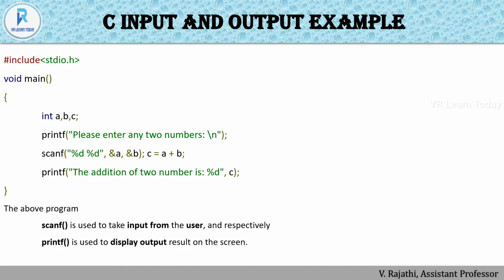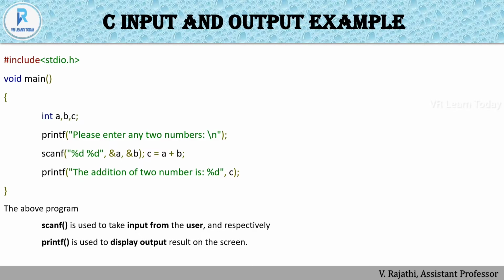Then c equal to a plus b is called processing data. Finally we print the output: printf the addition of two numbers is %d, comma c, where c is the result. In the above program, scanf is used to take input from the user and printf is used to display the output.